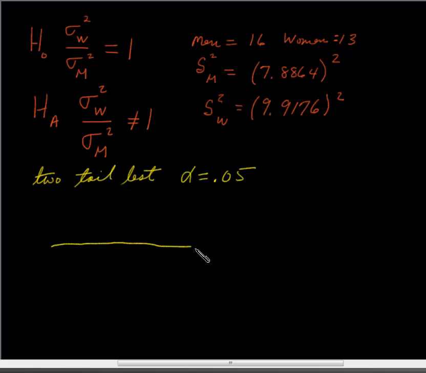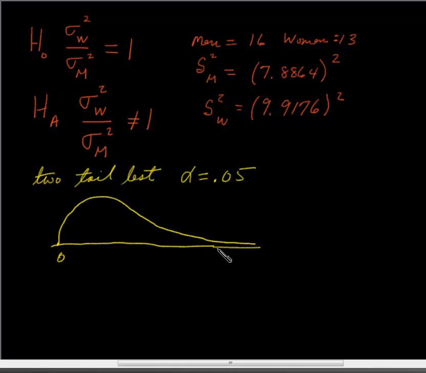So here's my horizontal axis. I know that the F distribution starts at 0. It's always non-negative. It's always skewed right. It's always non-symmetrical. So it might look something like that. Now what about critical values?